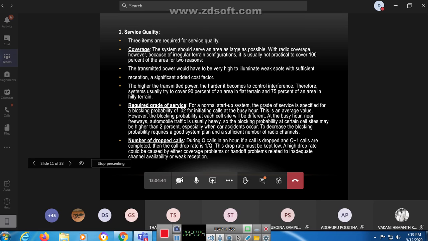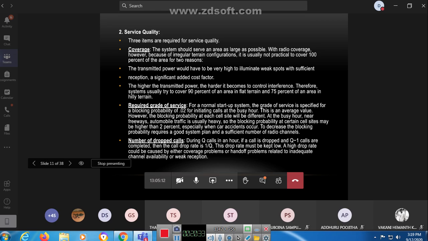When there are some weak spots in the transmitted power, it will not give sufficient signals for the other cells, and at that time it will make a problem. So when 100% of the area is covered, there is no problem.